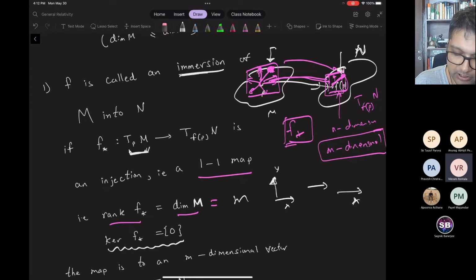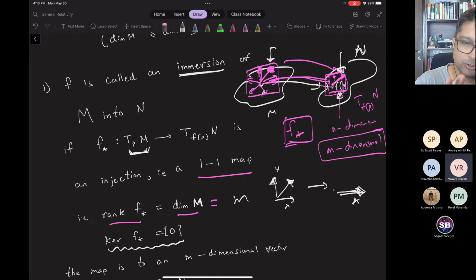When I go to this tangent space over here, then roughly speaking, in that case, this is not going to be an immersion, because I will have multiple vectors with the same x component but different y components, but they all get mapped to the same vector in this vector space.